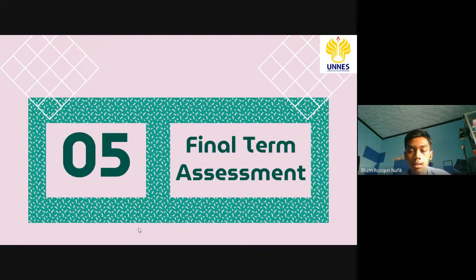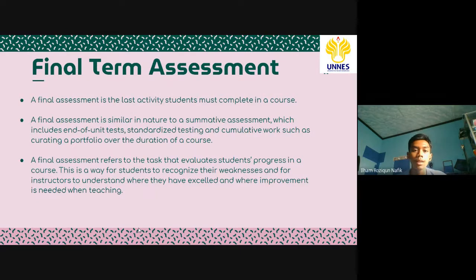And next is the final term assessment. The final test, the final assessment, is the last activity students must complete in a course. A final assessment is similar in nature to a summative assessment, which includes end of unit tests, standardized testing, and cumulative work such as curating a portfolio over the duration of a course.